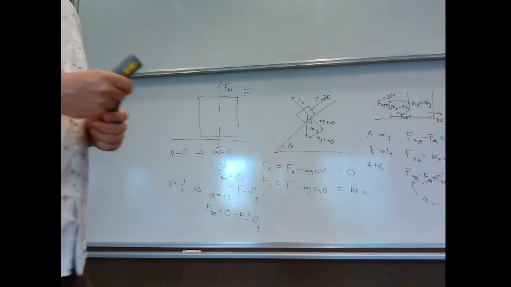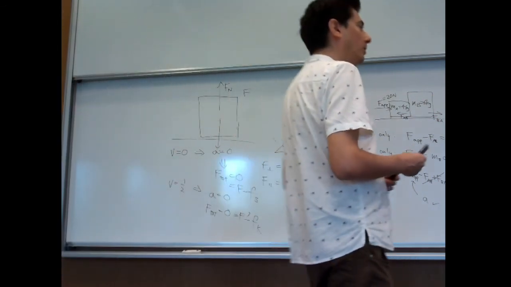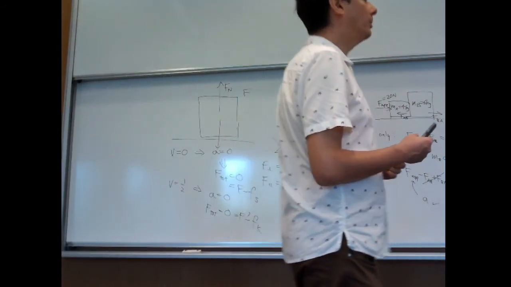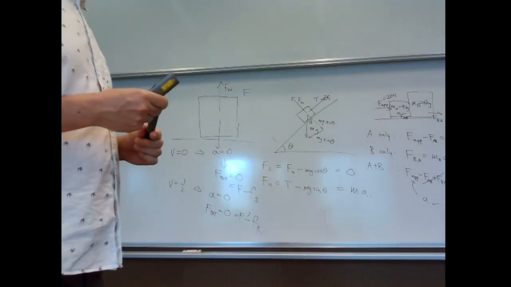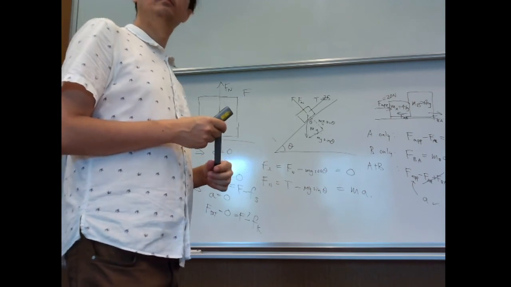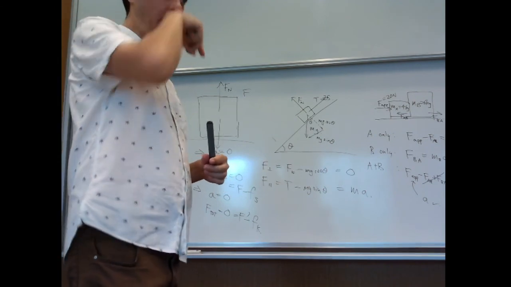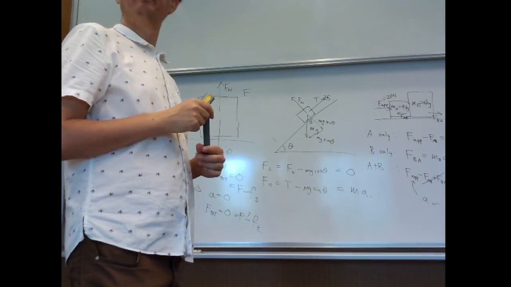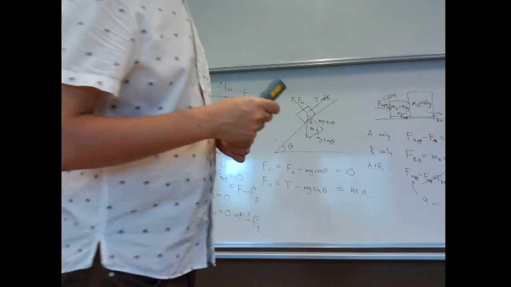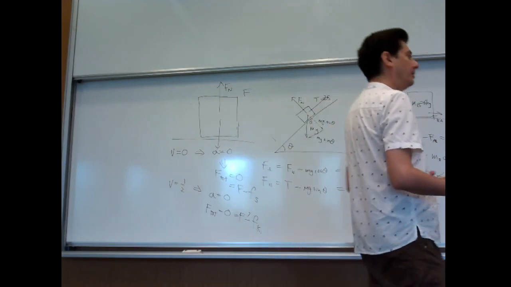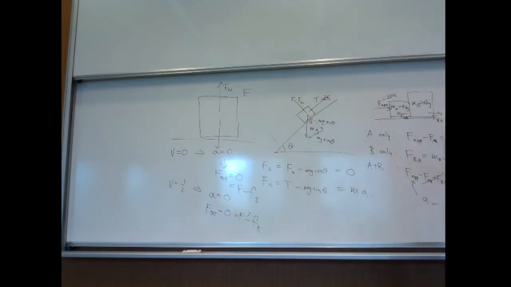If the maximum value of the static frictional force on the block is 10 units, will the block move if the magnitude of the horizontally applied force is 8? No. Yeah, no. Because this is still in the range where it can provide a matching force.